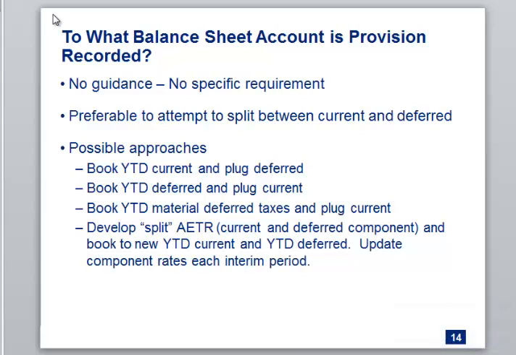Let's say you expect your provision for the year to be 100, and 40 of it will be payable and 60 of it will be deferred. They would say use that 40-60 split, and every time you book an expense entry every quarter, book 40% to payable and 60% to deferred, and just do it ratably throughout the year. That's a typical approach.